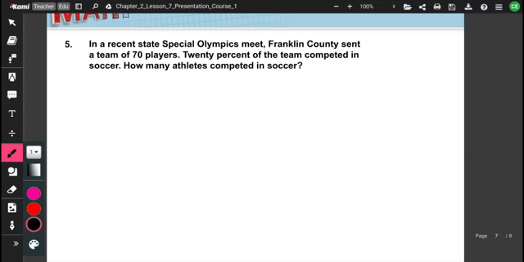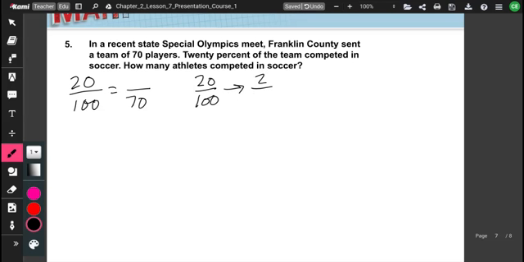So the first one I'm going to do is the fraction. I'm going to make 20 over 100 equal to blank over 70. Now I need to simplify, so 20 over 100 is simplified to 2 over 10.